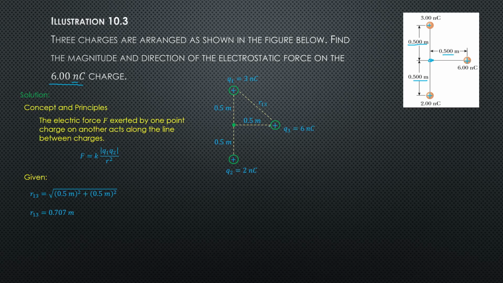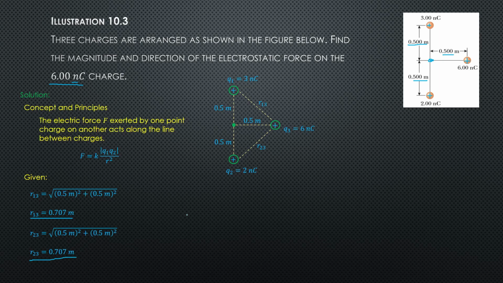So that is 0.5 squared plus 0.5 squared, then square root, and this will be the value of its distance. Now we also need the distance between charge 2 and charge 3. I will denote that as R23, and solving for that distance gives a similar value.